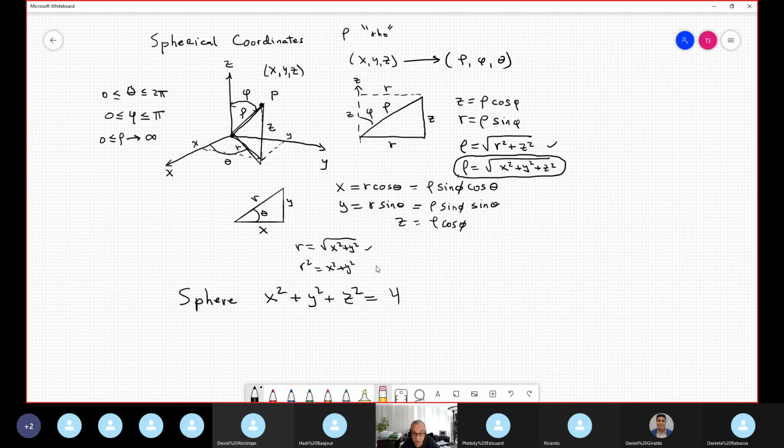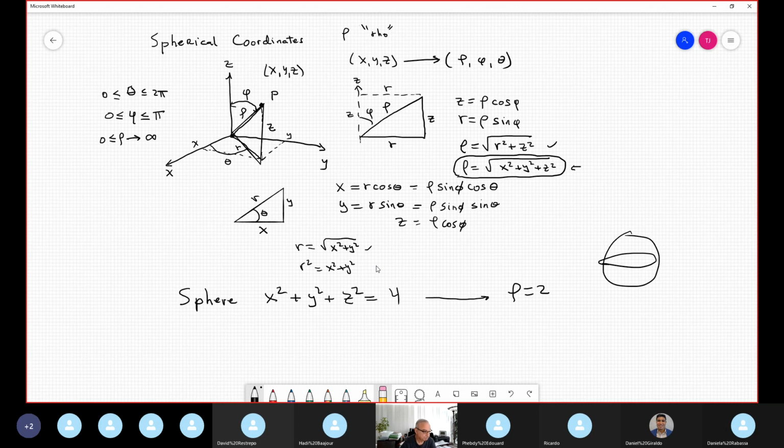When you translate this to spherical coordinates, it says rho equal to 2. Because look at this equation: x squared plus y squared plus z squared is this upper part, equal 4. Square root of 4 is 2. So it's a constant. This is a sphere in spherical coordinates, and it is just rho.